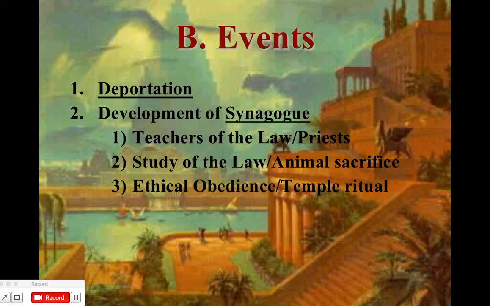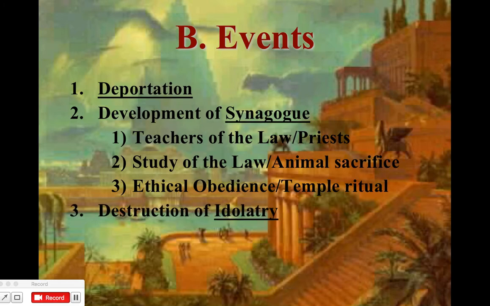The synagogues were kind of like we might think of a church. It was not the main place that they worshiped, because that was the temple back in Jerusalem, but the development of the synagogues allowed them to continue their practice of worship while they weren't able to be in the temple itself, and the law and the priests.